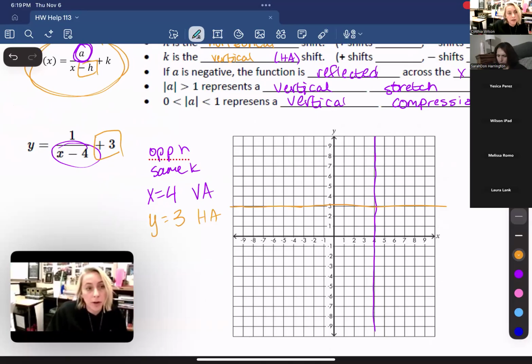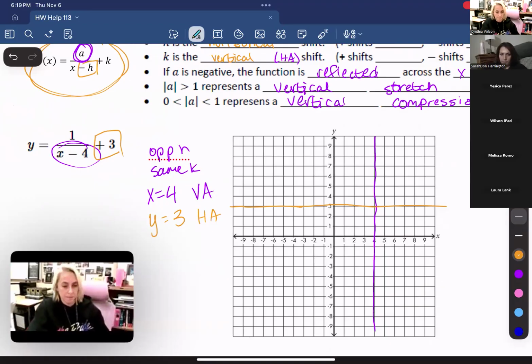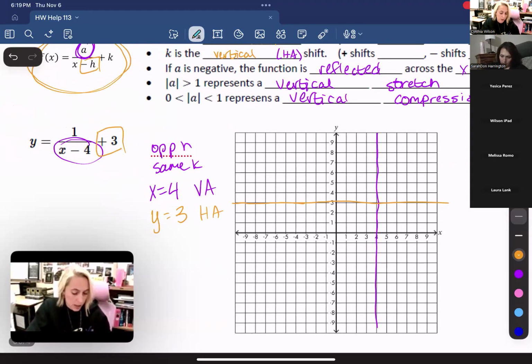All right, so the way that it looks on your assignment, let's see if I can pull it up. Actually, I don't think I can share my screen in 2 places. The way it looks on your assignment, you graph the vertical and horizontal asymptote, and then it says pick another point. I don't think it does it with these types of problems. I'll show you on another one. Typically what you're going to look for is an x-intercept or a y-intercept.